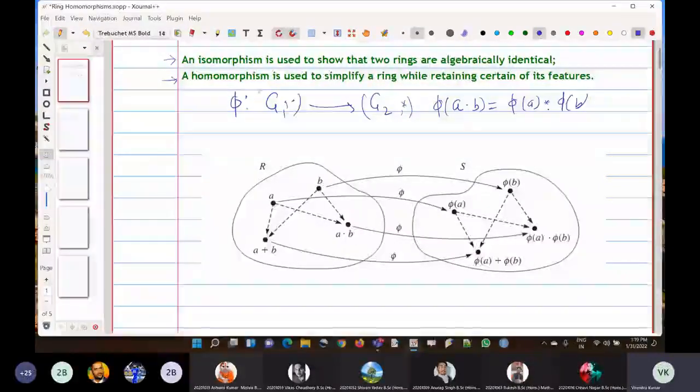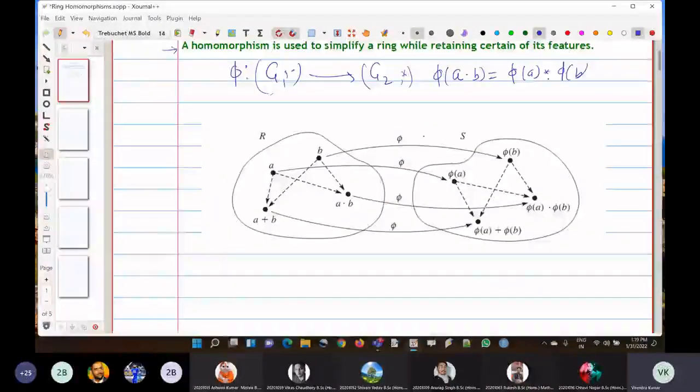Okay, so this is what we know, but the additional operation in a ring forces us to consider something more. This is in case the group is multiplicative. In case the group is additive, then we write phi of a plus b equals phi of a star phi of b, where star is an operation on G2.